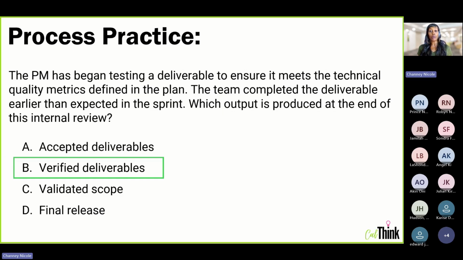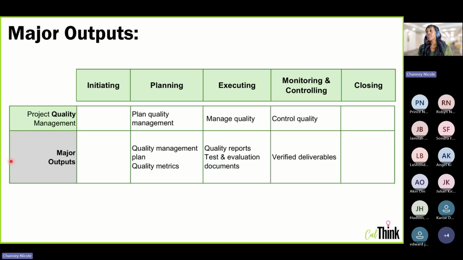Well, if we look at our outputs guide for quality, we know that control quality has an output of verified deliverables. So at the end of the process that they're doing in control quality, they're going to end up with verified deliverables as an output, meaning these deliverables have passed the quality process and the quality tests. They are verified and good to go for the projects.